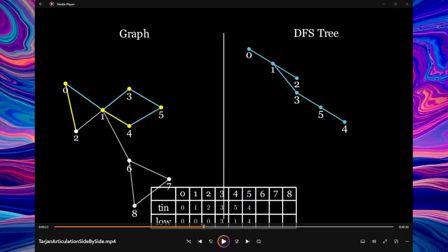So I go from A to B, B to C, and now let's say I go from C to A, which gives me this back edge, right?